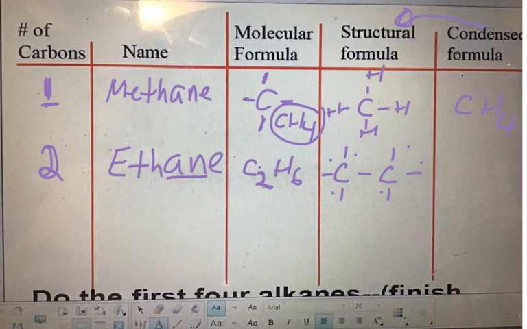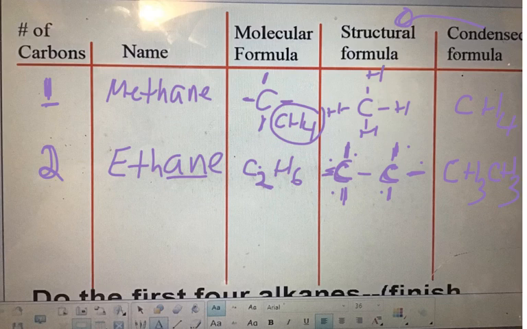And for my condensed formula, I take away the lines, and I'll get CH3. How did I get that? C and 3 H's. And once again, another C, write that down, and 3 H's again. Bam. All right. Let's do one more.